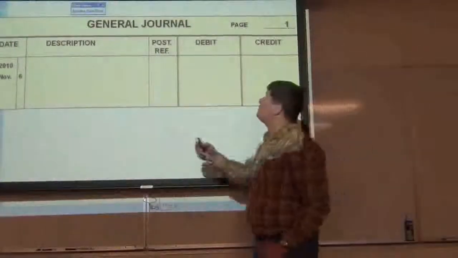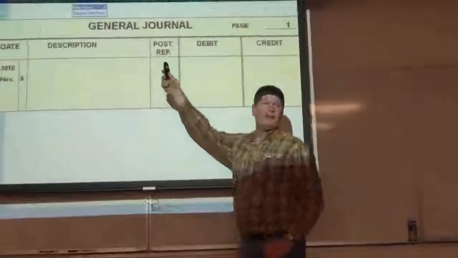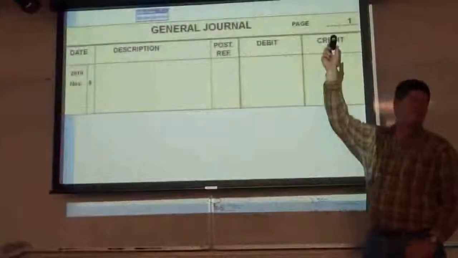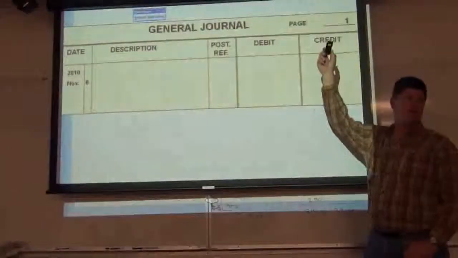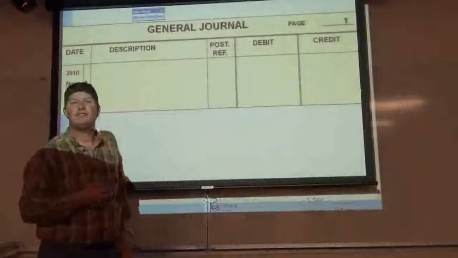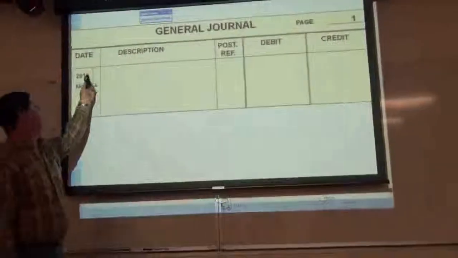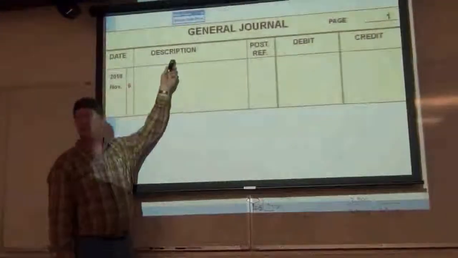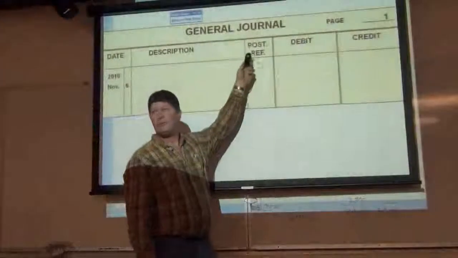It's just a sheet of paper. It says general journal at the top, and by golly, it's got a page number because you can have lots and lots of pages in any given month. Most of your accounting records have a similar format. Date. See, we've got some headers here. Date, a description, something called a posting reference.